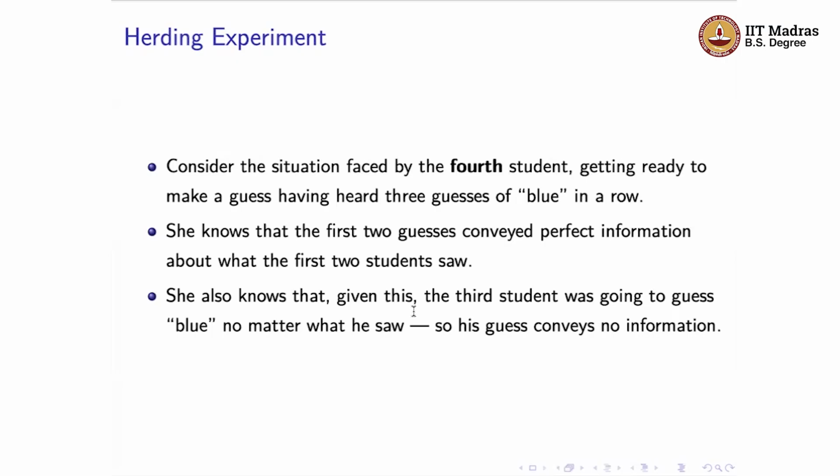However, the fourth student understands exactly the reasoning that the third student did, and therefore can understand that the third student's guess does not convey any information at this stage. Because regardless of whether the third student had drawn red or blue, it is in the third student's interest to announce that it is majority blue. So the third student's guess conveys no information at all.